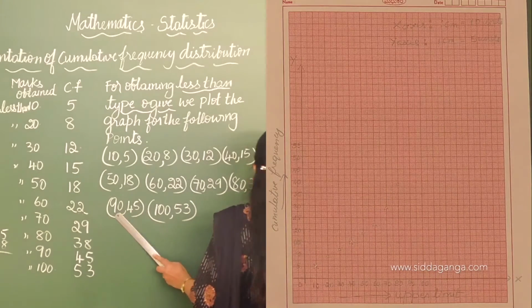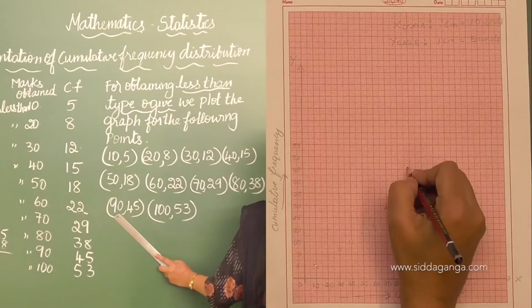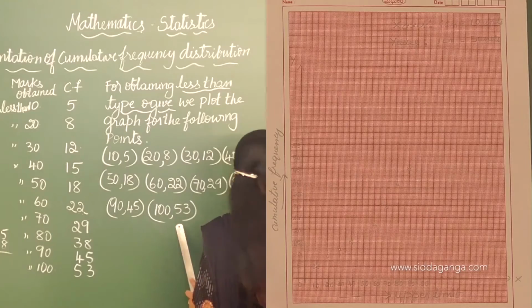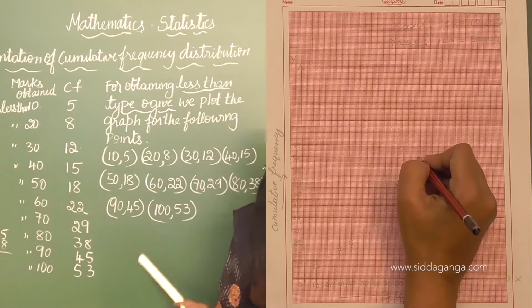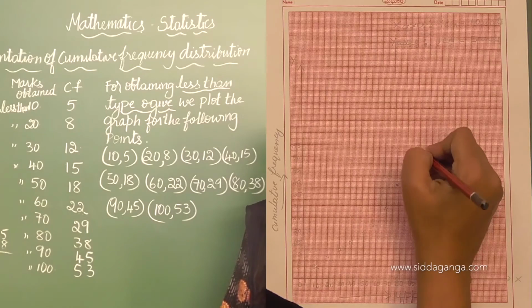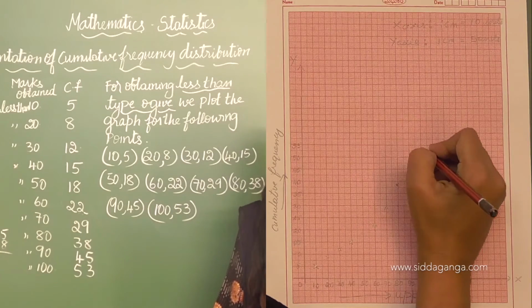Next, 90 it is 45. Next, for 100 it is 53. This is 50, next 2 divisions is 51, next 2 divisions is 52, next is 53.